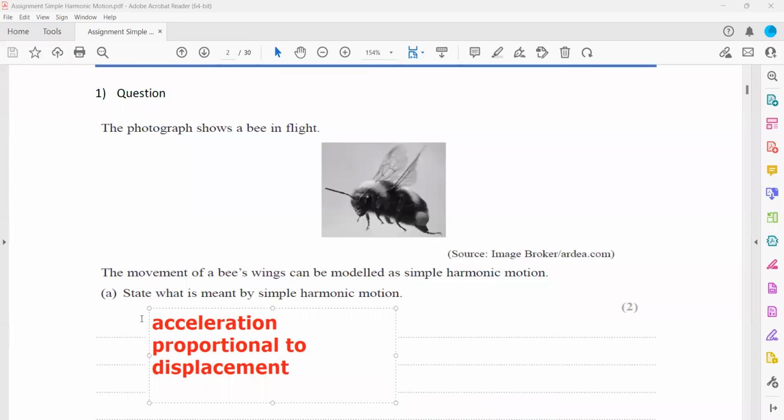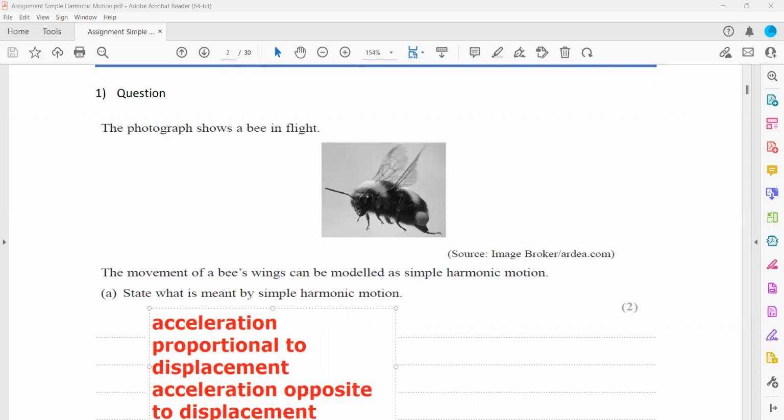And the second one, acceleration is opposite in direction to displacement. Or you can also mention that acceleration is always directed towards the center.